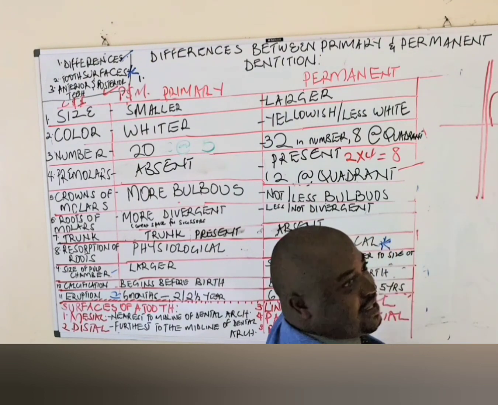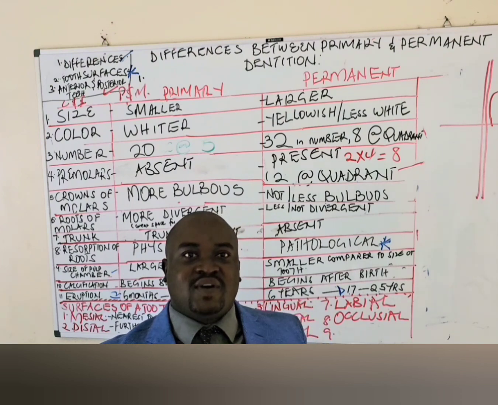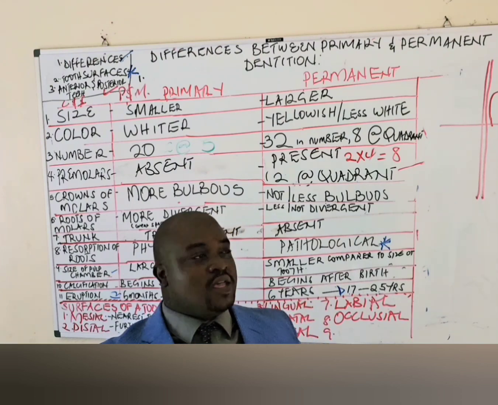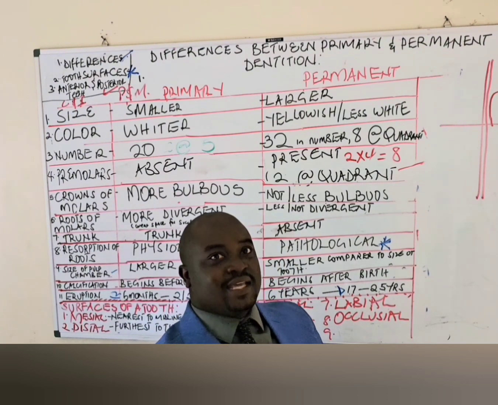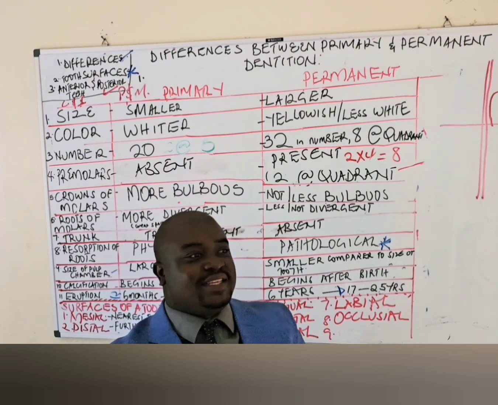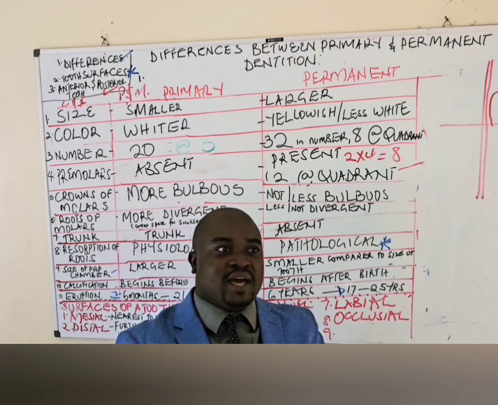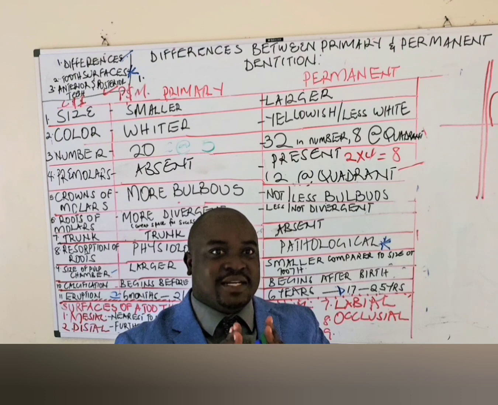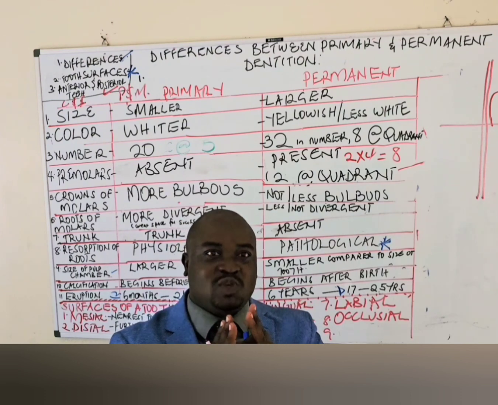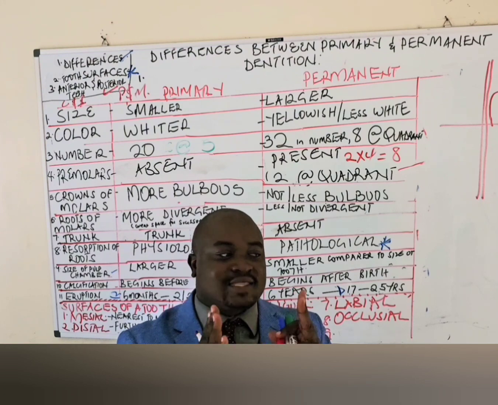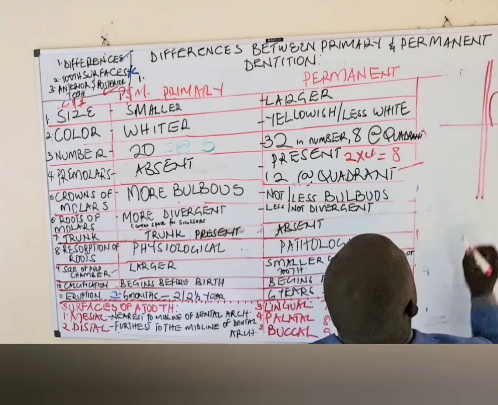Midline is the imaginary line in an individual that divides left and right. In some people, when someone has a bigger frenulum, it can cause what you call a diastema, the space between left and right. But for now, we are just talking about midline.